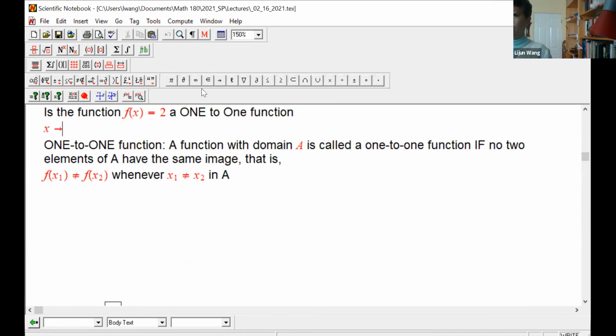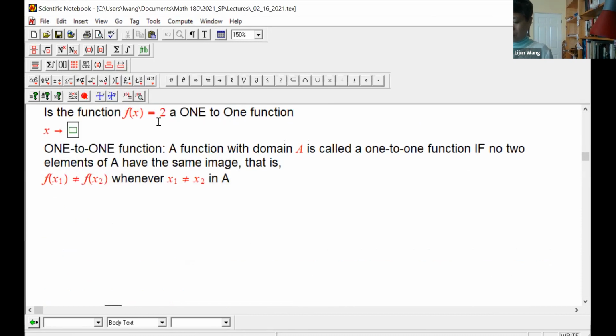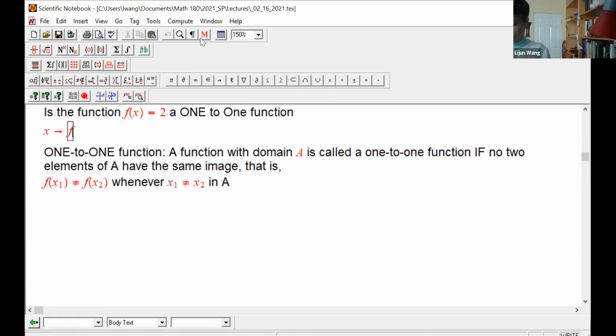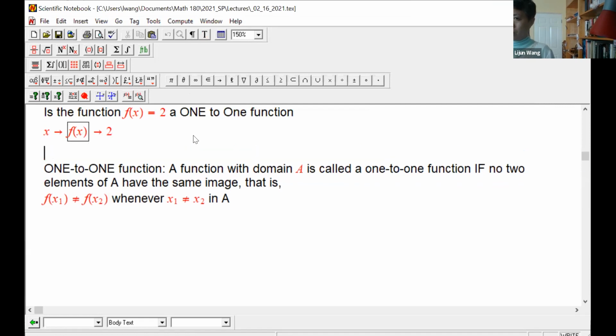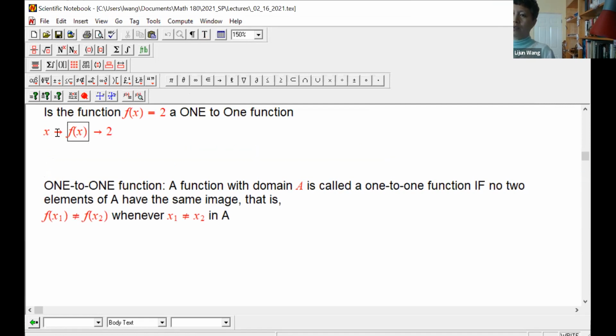X is the input, and the rule says f of x will always produce 2. Is this function one-to-one? I don't think so. Why?